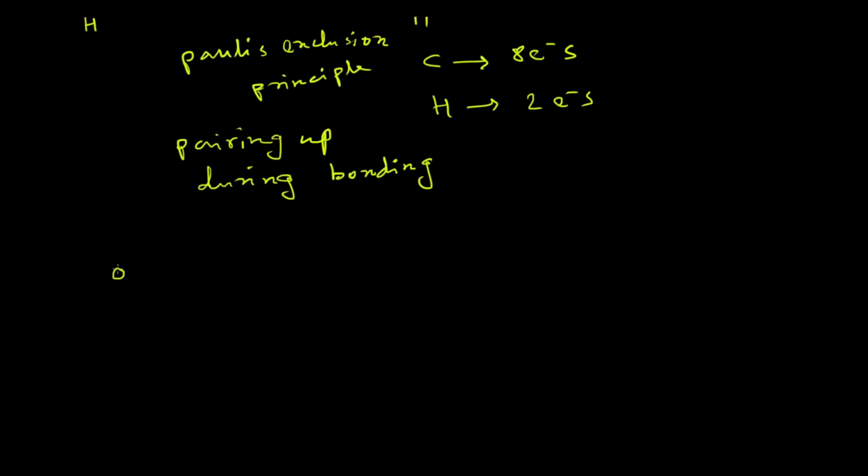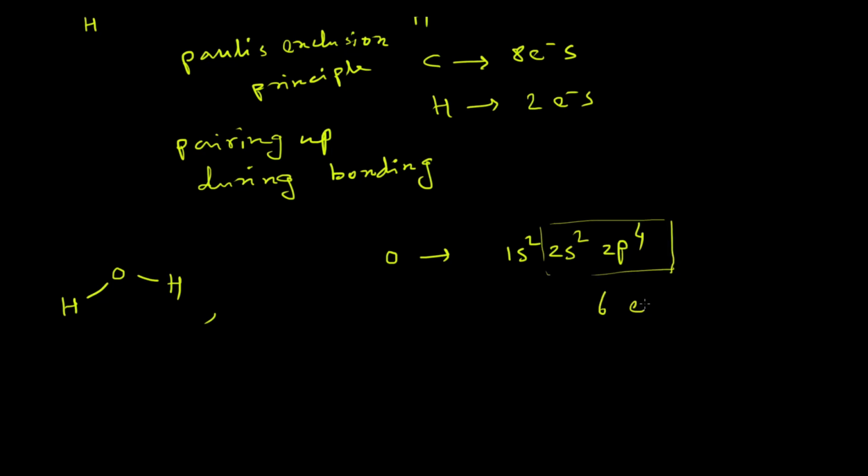Now let us consider another example. In this case it will be the water molecule. If we consider the electronic configuration of oxygen, it is 1s2, 2s2 and 2p4. So in the valence shell, oxygen contains a total of 6 electrons.